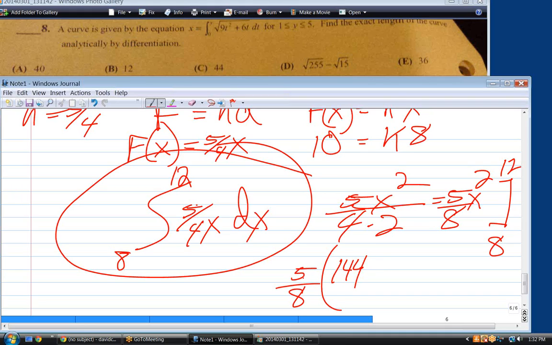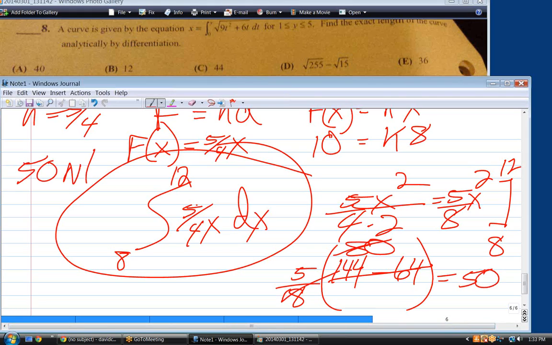Yes, so I can pull out the 5/8, put parentheses around it, and I got 144 minus 64, which is 80, which means this whole thing is 50. So it takes 50 newtons to compress it from 8 to 12. It took 10 newtons to compress it from 0 to 8. 60 should be our answer.